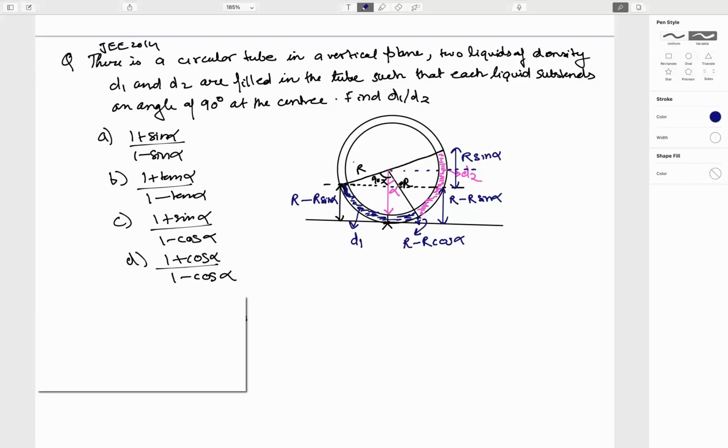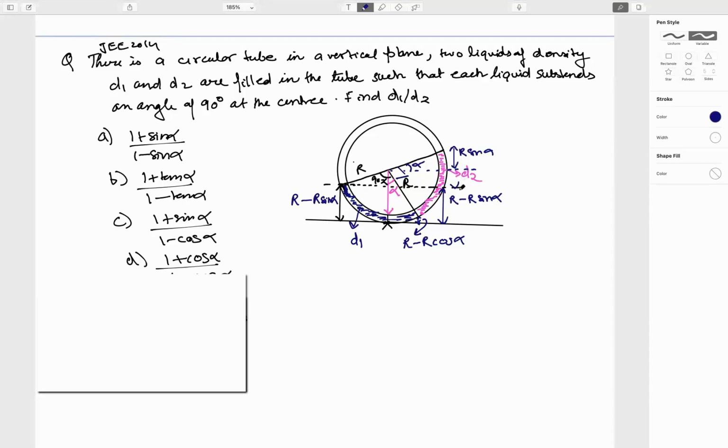So if you see this horizontal line from here, this is R sine alpha. So this is alpha, this is 90 degrees again, and so you get this to be R cos alpha and R sin alpha.